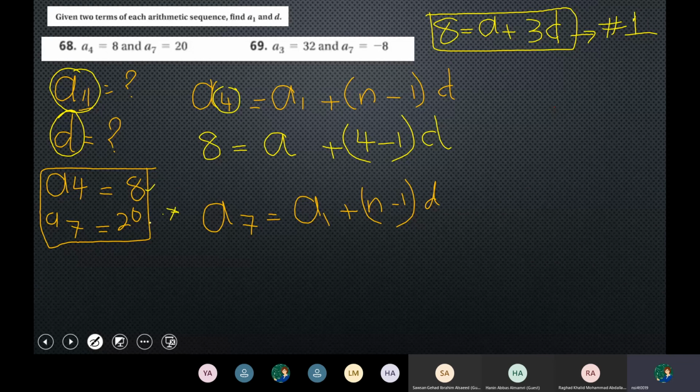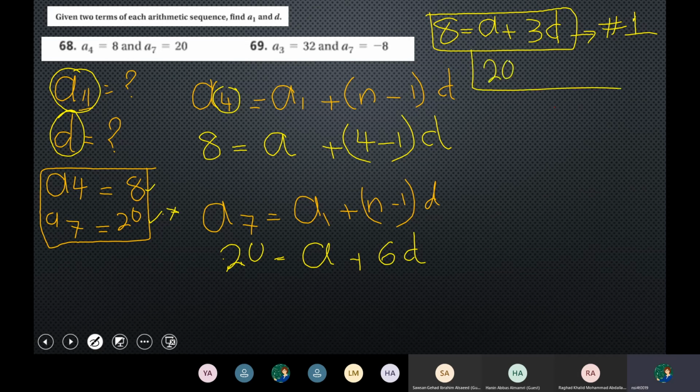From A4 and A7. So A7 is 20, equal to A plus 7 minus 1, which is 6, D. This is now my second equation: 20 equals A plus 6D.